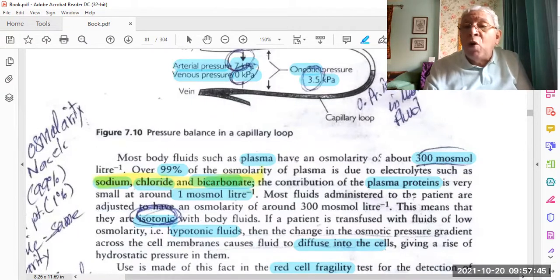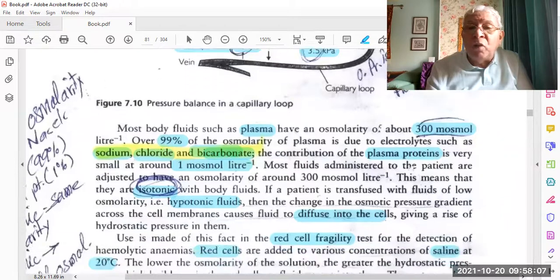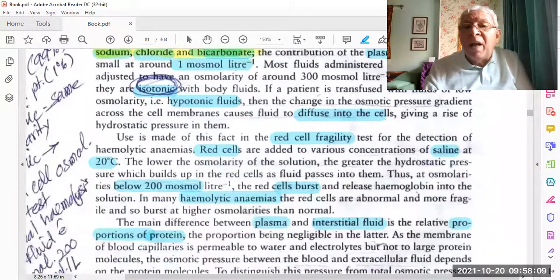So the osmotic pressure correlated to plasma protein, which is mainly due to albumin, is called oncotic pressure. Of course, this osmolarity of the blood, whenever I put a fluid similar to it or nearby, I call it that I'm admitting an isotonic solution. The red cell fragility test is a test to identify hemolytic anemias.